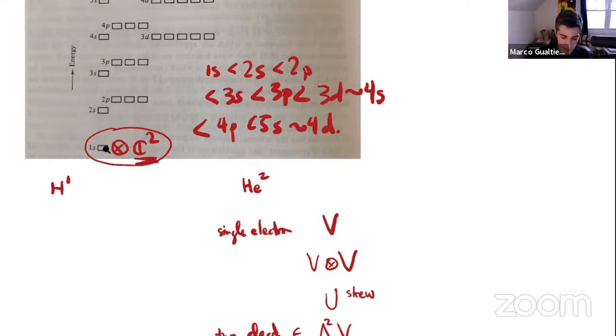So this one and this one are all filling up these. So beryllium is the one that has the first two S states. They're again one-dimensional representations of SO3. Okay, and then something interesting happens because all of these one-dimensional representations of SO3 are filled.